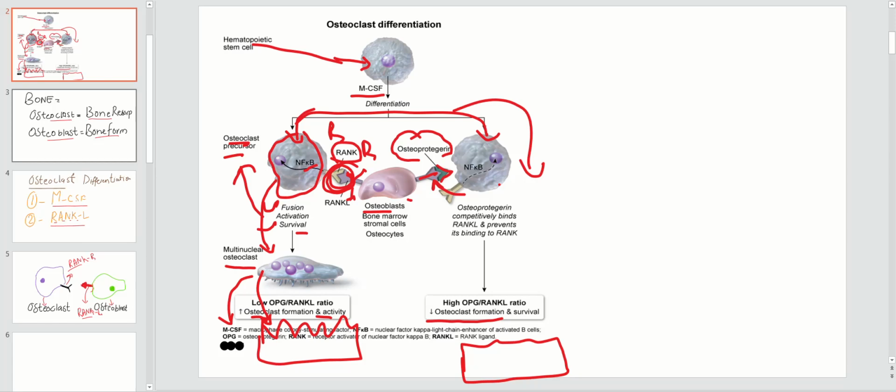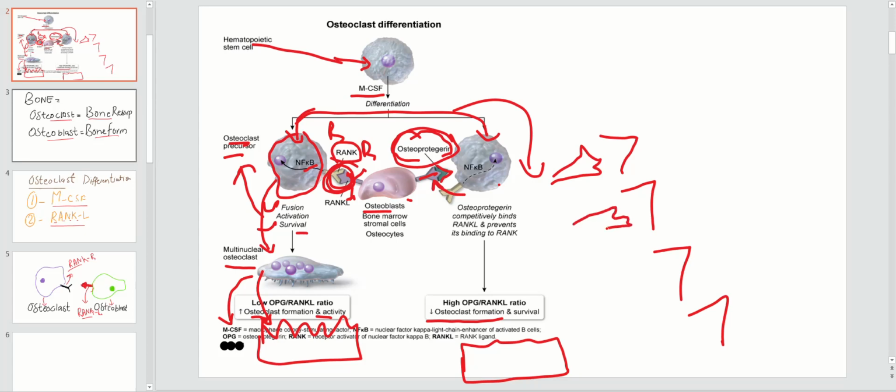Now what they are saying over here about the ratio is that when you have an increased amount of osteoprotegerin, so this is your osteoprotegerin, let's say there are 3 or 4 osteoprotegerin and you have, let's say, 3 ligands, I'm just giving you an idea numerically. So this is your osteoprotegerin and this is your RANK ligand.